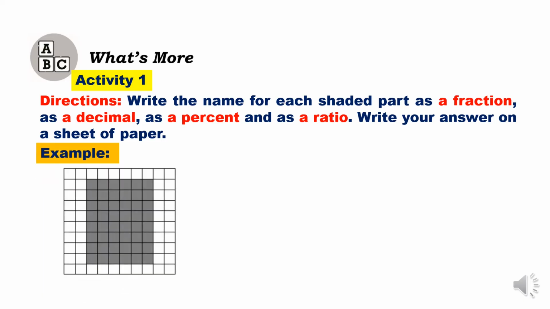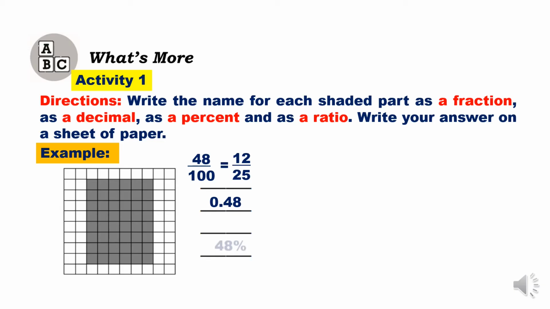Example, if you count the shaded part, that is 48 hundredths, and the lowest term for that is 12 over 25. In decimal, 48 hundredths. As a percent, 48%. And as a ratio, 48 is to 100.